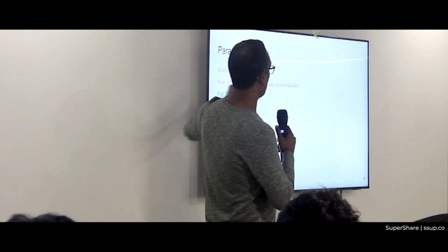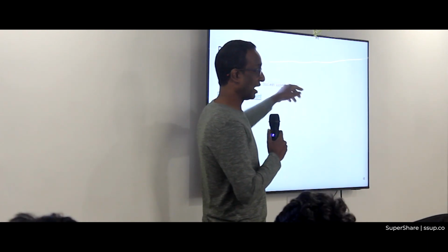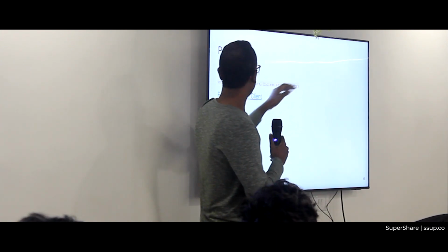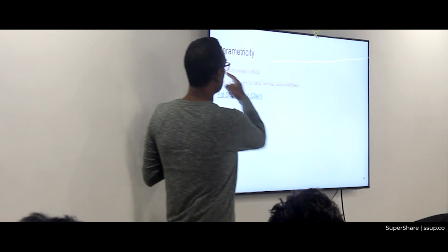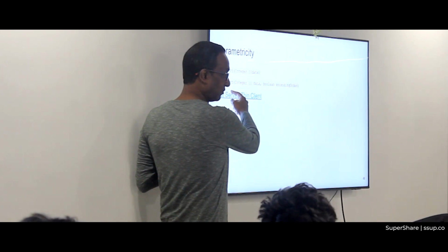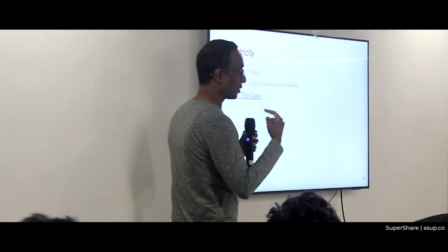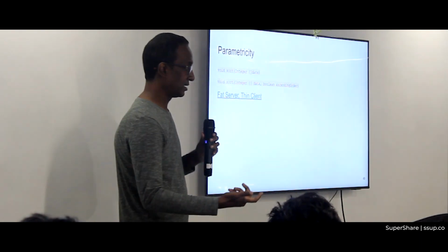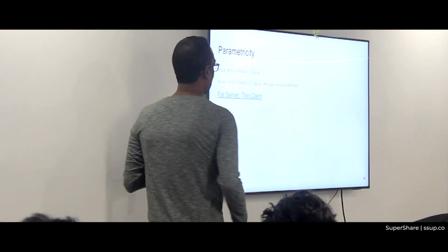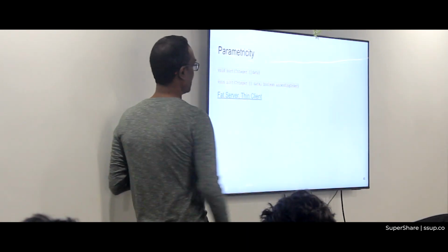This has more parameters and hence it has more power. The reusability of this piece of code is going to be less than this piece of code. By making your code parametric, you're increasing its economy as well as its reusability.